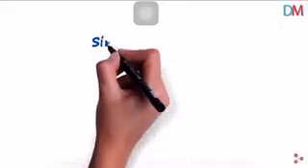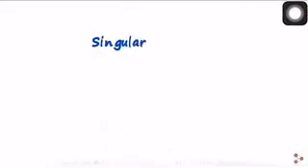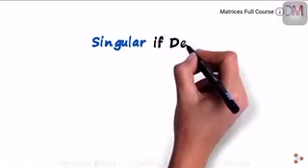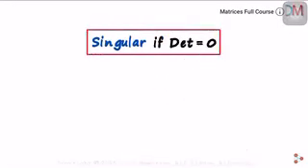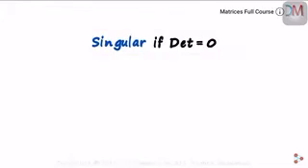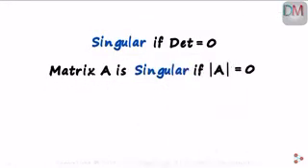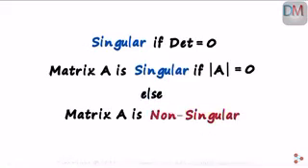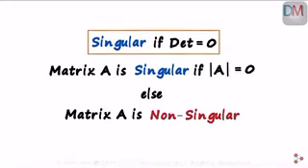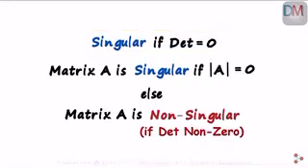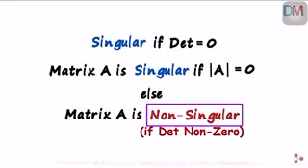When can a matrix be called singular? The definition is very simple. It's singular if its determinant equals 0. That's how simple the definition is. We say that matrix A is singular if the determinant of A is equal to 0. Else, it will be non-singular. If the determinant is equal to 0, then singular, and if the determinant is non-zero, then the matrix is non-singular.